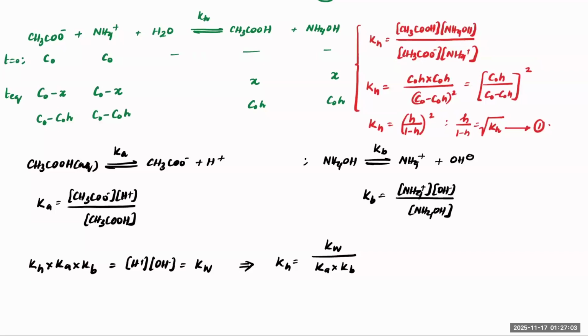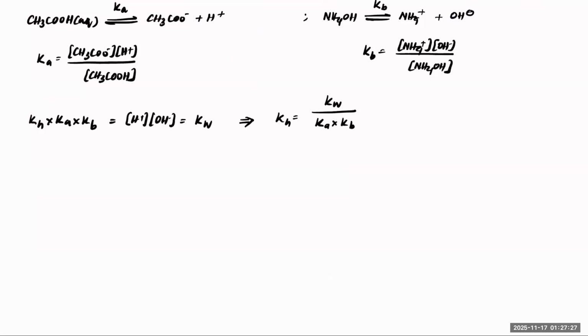And now how do I calculate the H plus ion concentration? It doesn't seem like this has any H plus or OH minus directly involved in the solution. But if you notice, here there is H plus and here there is OH minus, so I can use these terms. Let me show you how. You know that Ka value will be equal to CH3COO minus into H plus by CH3COOH.